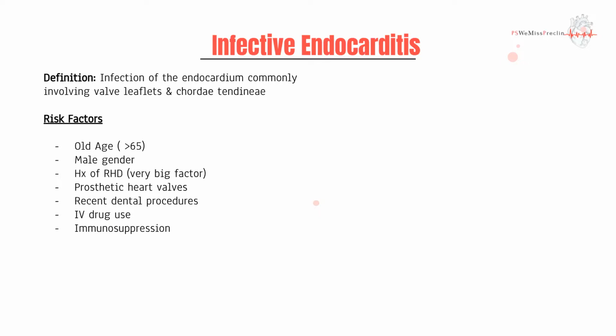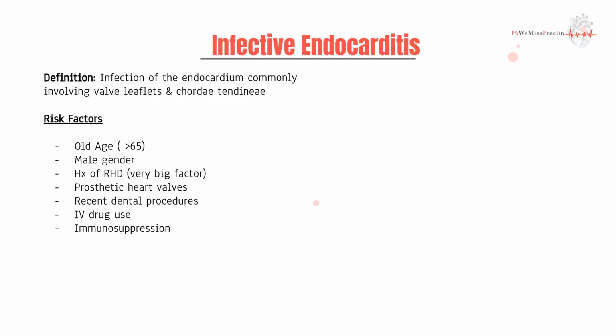We'll talk a bit about the specific valves, but before we do that, I think it's good to talk about the risk factors for developing infective endocarditis. Predominantly, those include being of an older age, being of a male gender. A history of rheumatic heart disease is a very big risk factor because it predisposes you to having infective exacerbations.